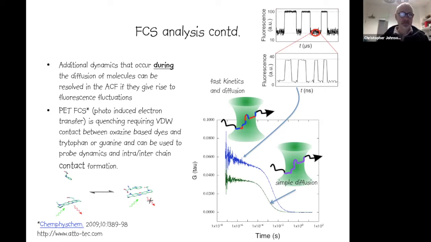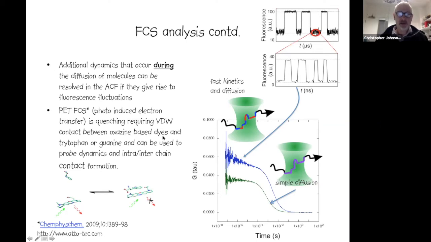There's a technique which is called PET-FCS, standing for photo-induced electron transfer FCS. And this specifically uses a group of dyes based around oxazine chemistry.